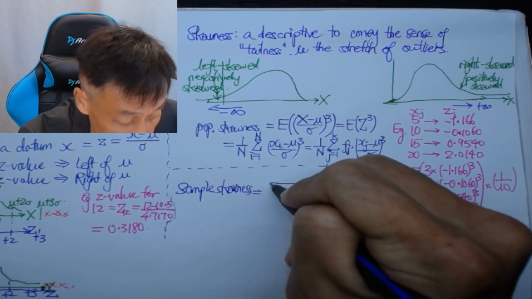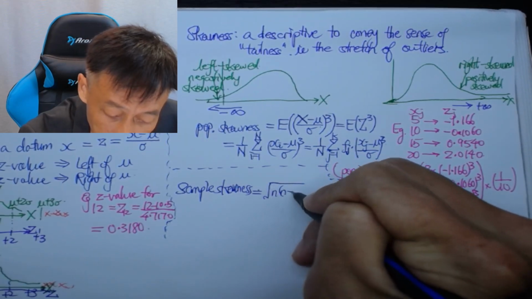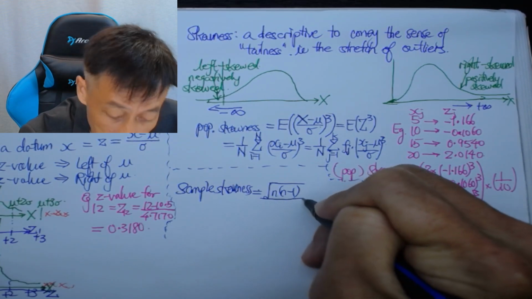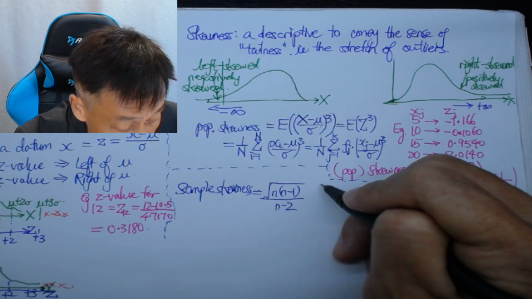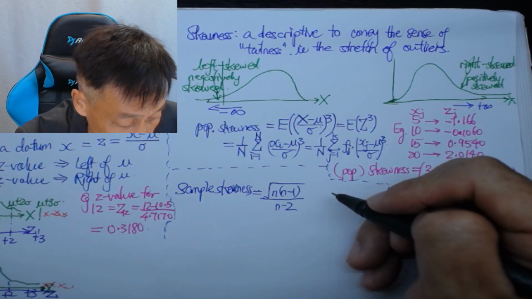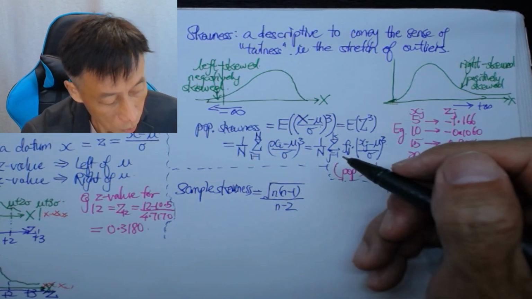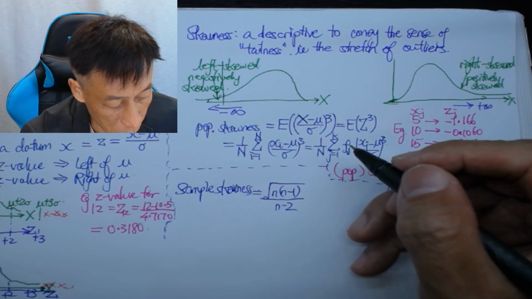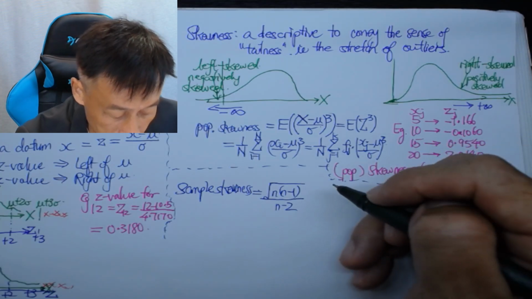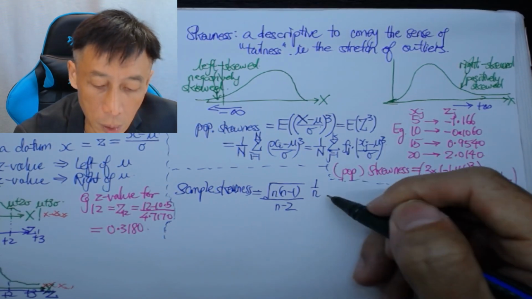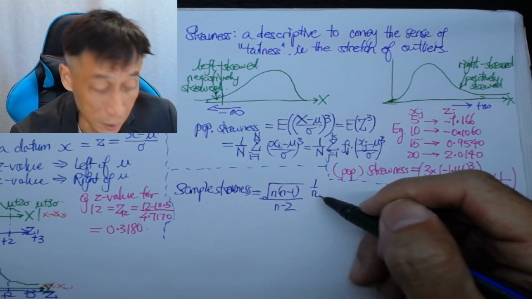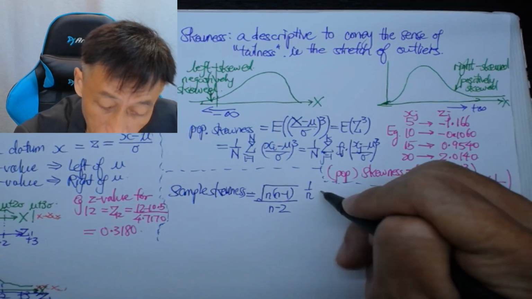There's a multiplier here, n over n minus 1 times n minus 2. So that multiplier is to be multiplied to one over n. Remember, the capital N goes away, so the sample size is little n. Okay.